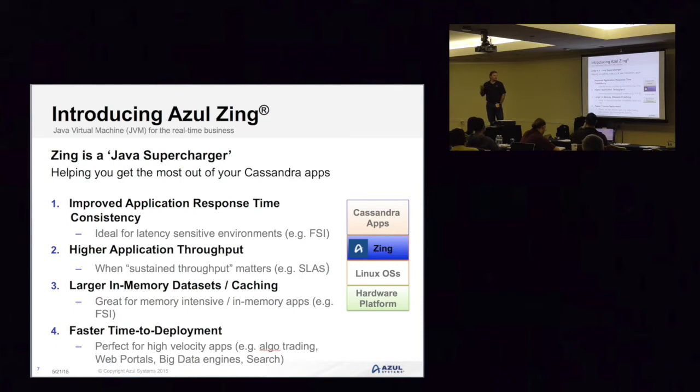The other is the time to deployment. Because it's Java, you write Java or Scala or any of the other JVM language codes with no change. You're pointing it at a different JVM and you run. So that means it's good for portals, it's good for Cassandra or other big data engines, and for search like Solr. We'll get to that when we get to examples.